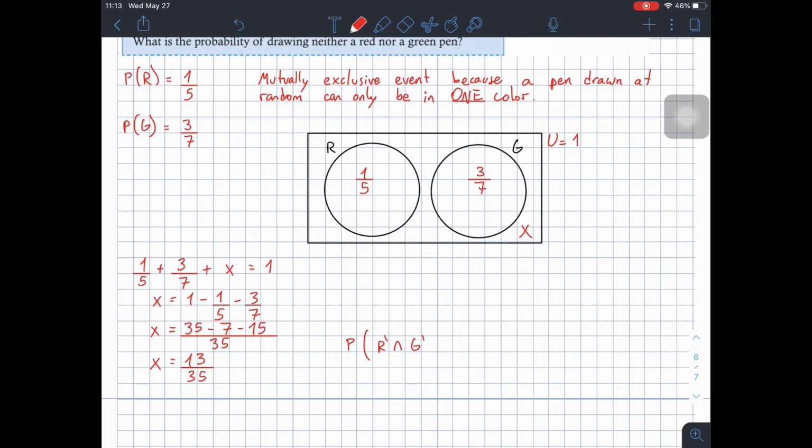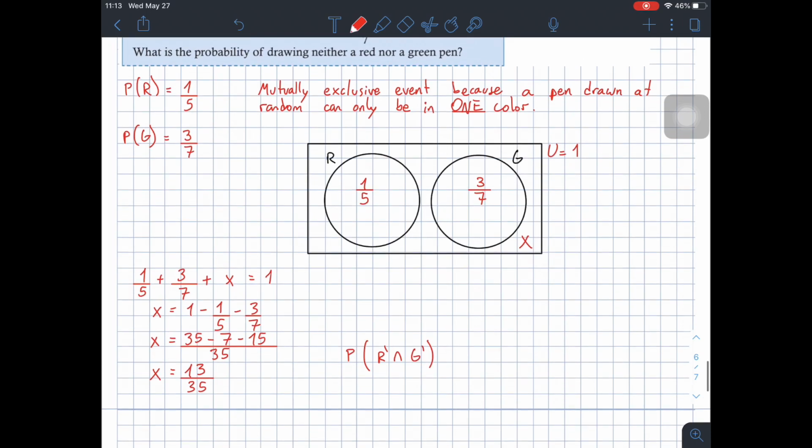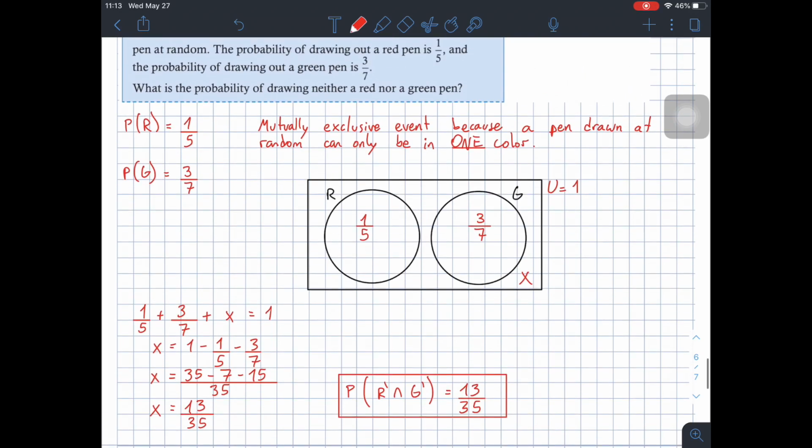There you go. That's what we're calculating. So the probability of the pen being not red and not green at the same time is 13/35. And this would be the result for this case. So you see that the way of solving the problem is exactly the same.